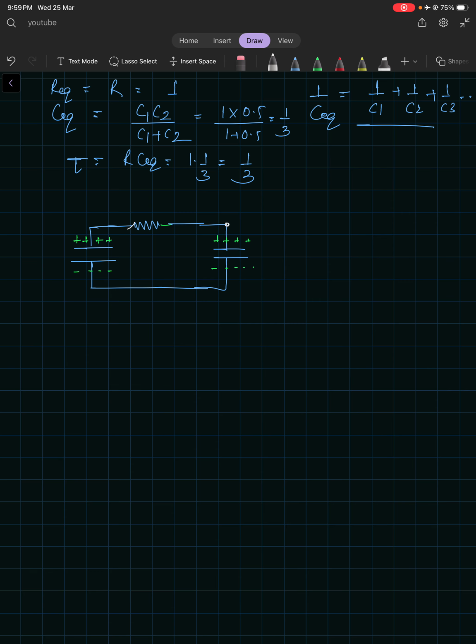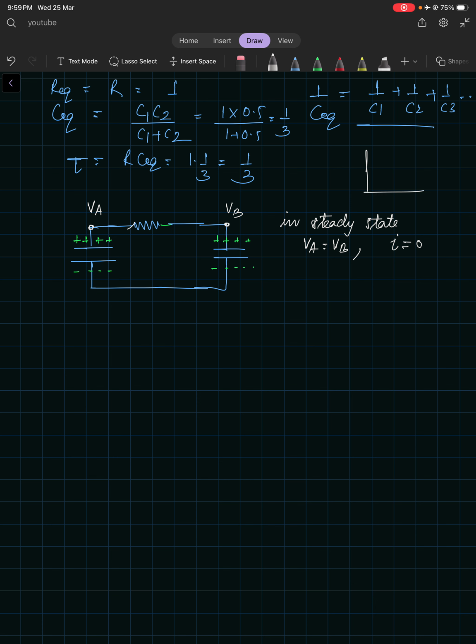So basically this voltage and this voltage have to be the same. Suppose this is the VB node and this is the VA node. In steady state, VA is equal to VB, only then I will become 0.